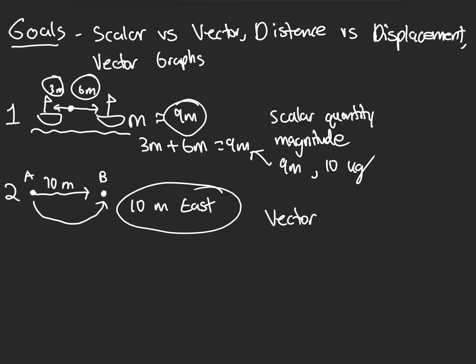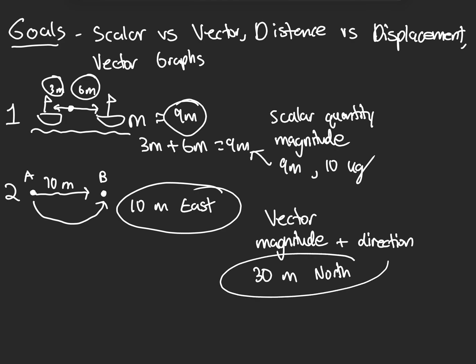A vector is really just magnitude plus a direction. So an example of a vector would be 30 meters to the north. Okay, that's an example of a vector.